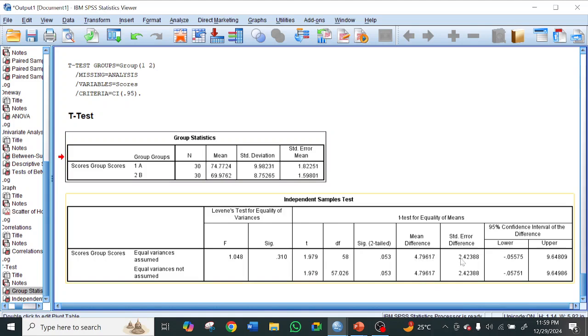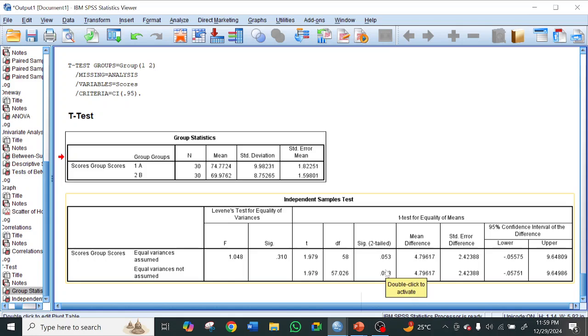Then the standard error of the mean difference, we also have the value here. This also has its meaning, but for this purpose we will just look away and concentrate on interpreting what we need to interpret. So what is the interpretation of this particular table? Since the significance level here is 0.053 and it is greater than 0.05, the p-value indicates that the difference in the group means is not statistically significant.